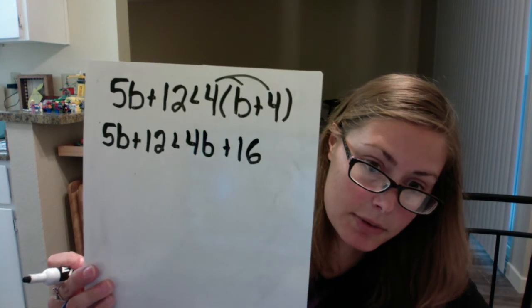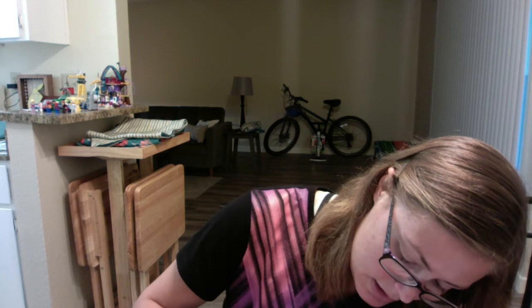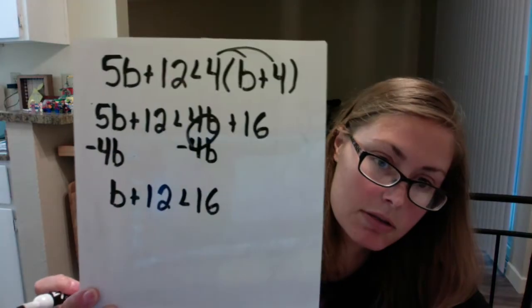We're going to subtract 4b from both sides. That gets us b plus 12 is less than 16. We're going to subtract 12 from both sides. And that gets us b is less than 4.